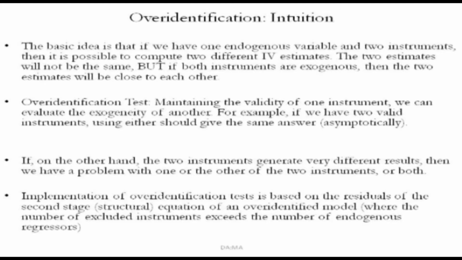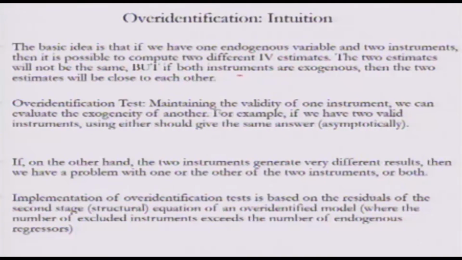So what we are saying over here is the following: suppose you have two instruments Z1 and Z2, then using each of them, so in the previous example that we had on demand for cigarettes, the estimation of the elasticity of cigarette consumption, we had two taxes. One was the sales tax and one was the cigarette specific tax.